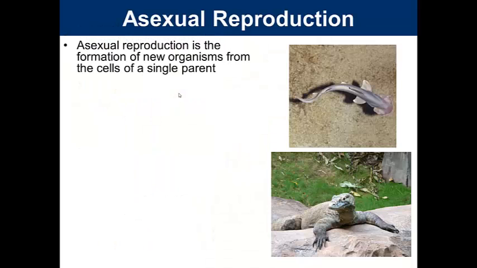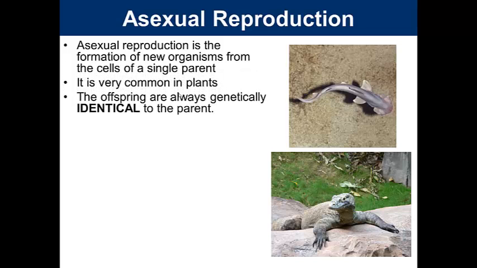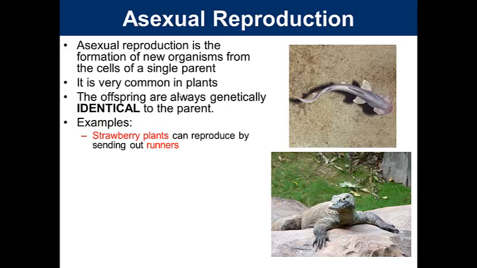Asexual reproduction is the formation of new organisms from cells of a single parent. It's very common in plants. The offspring are always genetically identical to the parent. Examples include strawberry plants sending out runners. Those runners are genetically identical. Amoebas divide into 2.